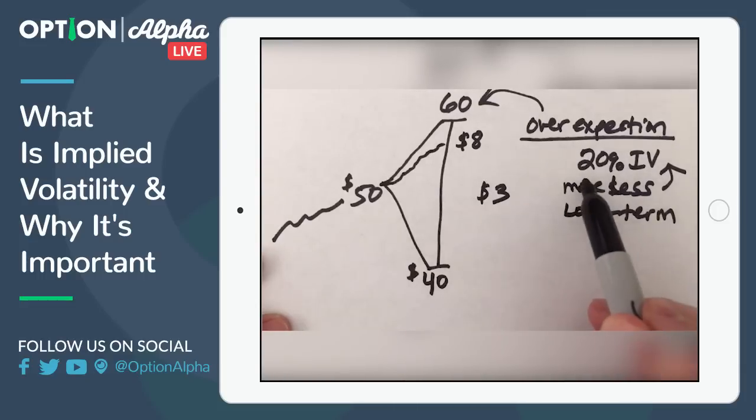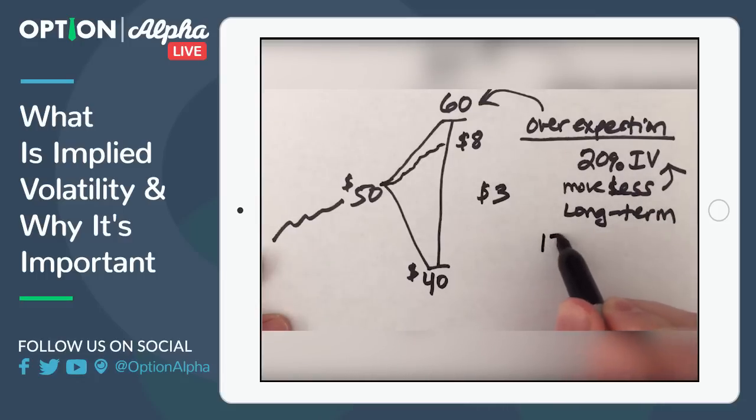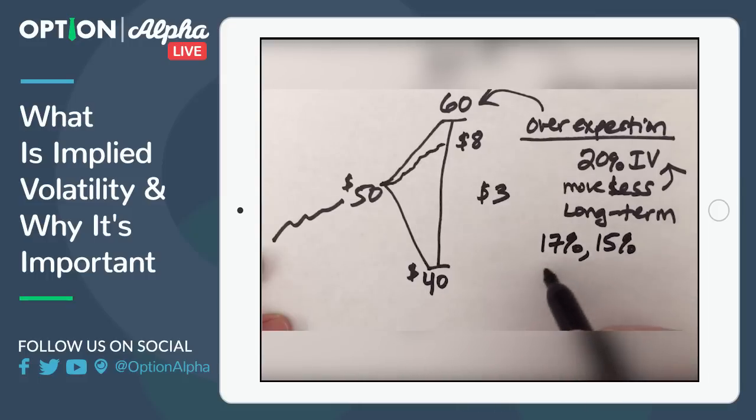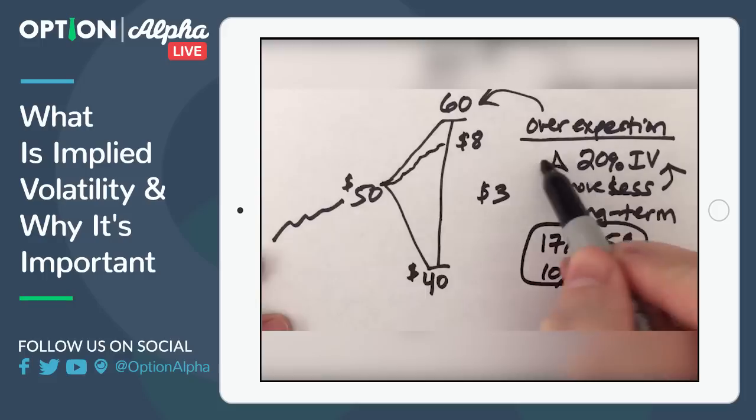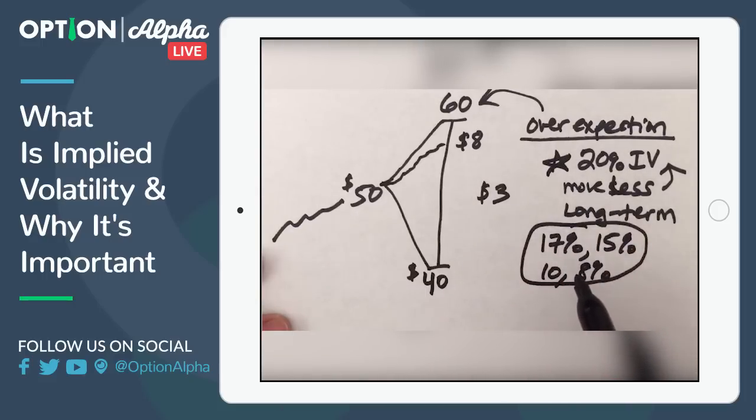So the implied volatility was suggesting a 20% move, but maybe the stock only moved 17%, or 15% long term, or 10, or 8, or whatever the difference is. It doesn't matter. But the reality is that long term, a stock will never consistently move at the implied volatility reading. Okay? Does that make sense? It will never consistently move at that number.